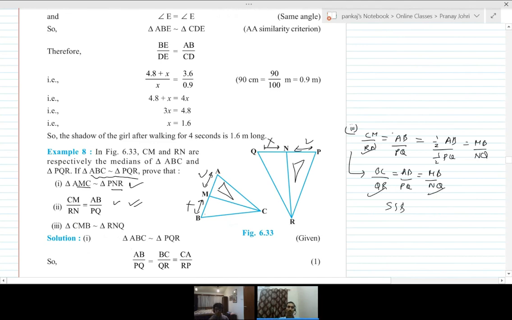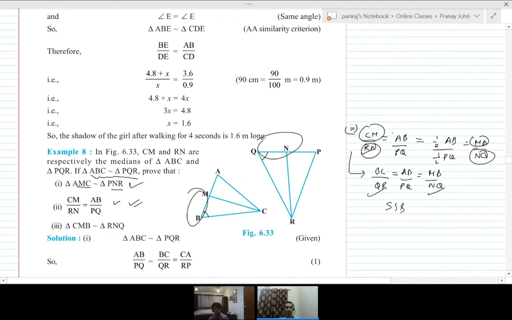And now because these were two similar triangles, Q is equal to B. And if Q is equal to B, then we have proved MB by NQ is similar to CM by RN.